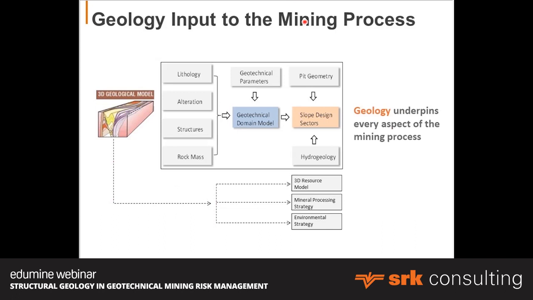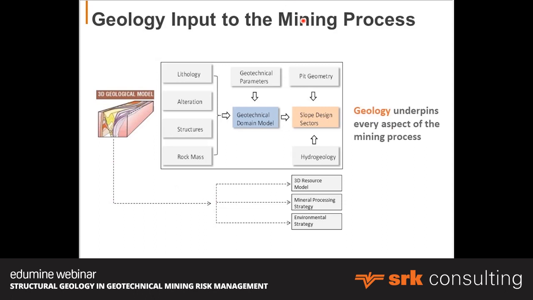Fundamentally though, the geology input is really what underpins every aspect of the mining process and the geotechnical design. You can talk about the input of geology into the 3D resource model. You can talk about the input into the mineral processing strategy as well as the environmental strategy.